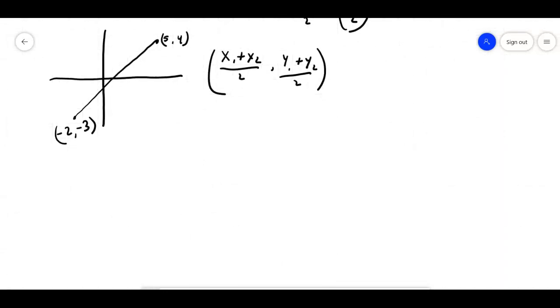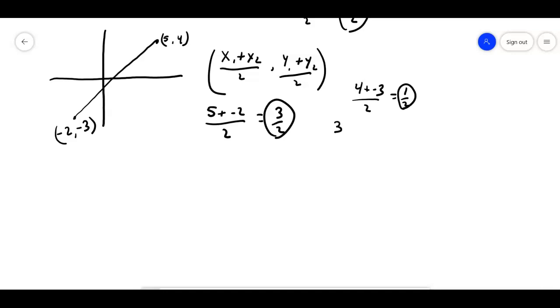So if I do it with the x's, let's go 5 plus -2 over 2, that's 3 over 2, and that's for the x's. And it doesn't matter if I did -2 plus 5 over here, I'm going to come up with the same answer. And then for the y's, 4 plus -3 over 2 is 1 over 2.